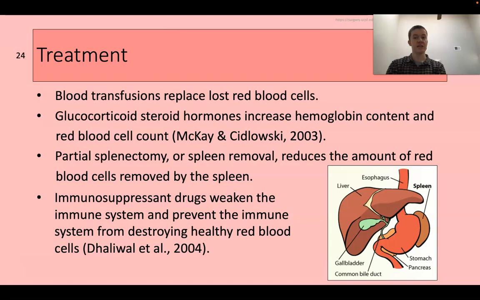And lastly, immunosuppressant drugs, which are often corticosteroids, are prescribed to reduce the strength of the patient's immune system if the immune system is incorrectly targeting healthy red blood cells and tagging them for destruction unnecessarily. Each of these treatments is an established technique for treating hemolytic anemia, and it's proven to be successful.